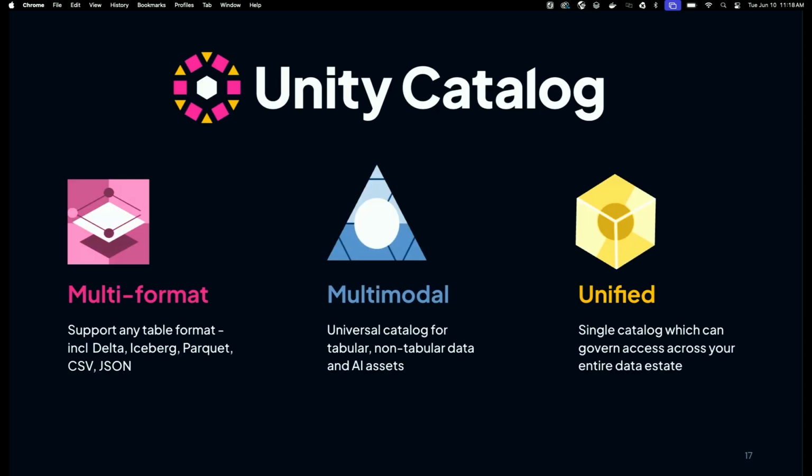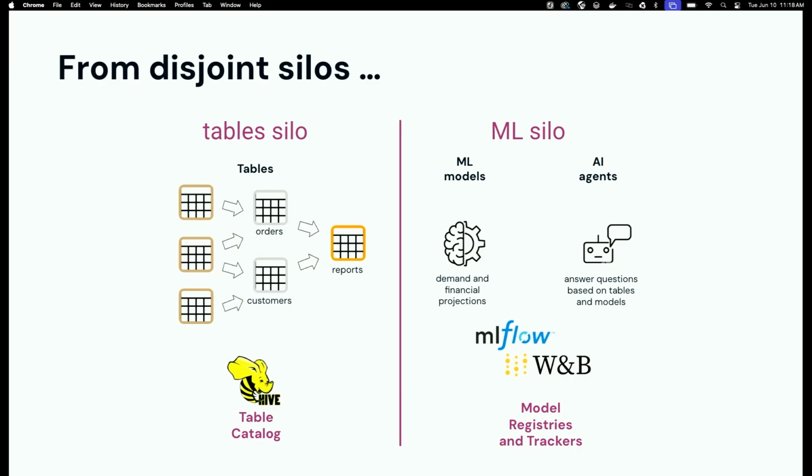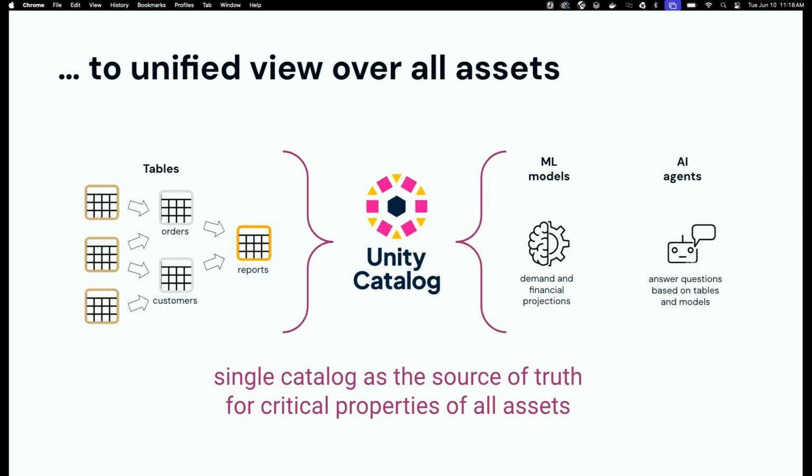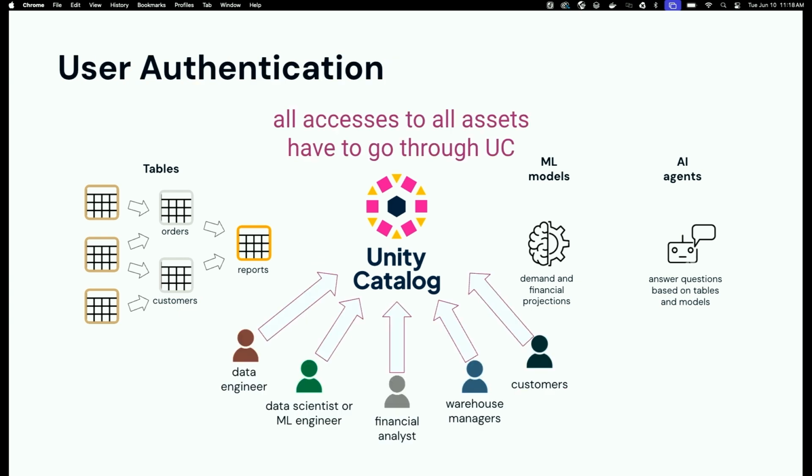So Unity Catalog started as multi-format from day one, multi-modal, and a unified platform. Let's walk through the problems once again. We are taking these disjoint silos and having Unity Catalog be the single source of truth that tracks all assets, from the tables to models, as Ben was talking about a little bit earlier.